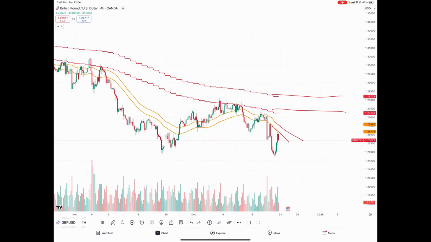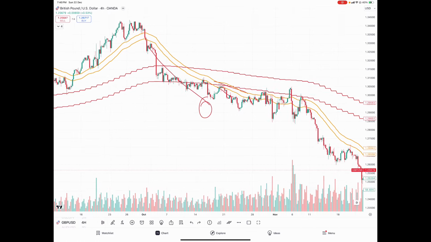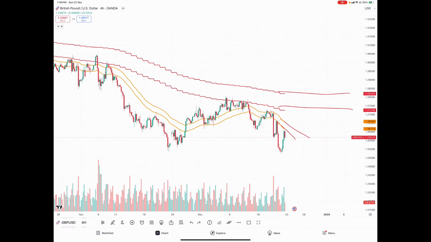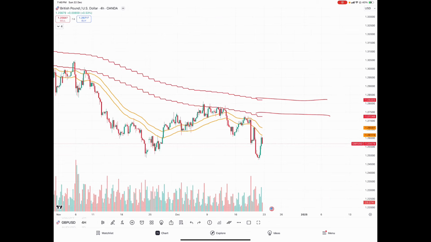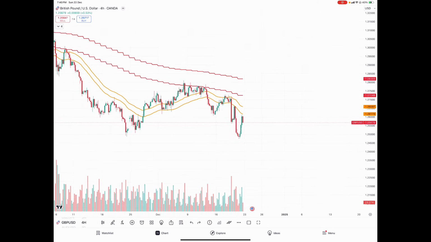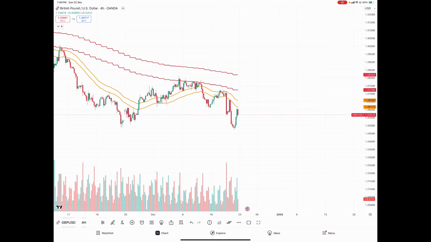So if we look here, let's see what can happen this week. So this currency pair looks bearish.